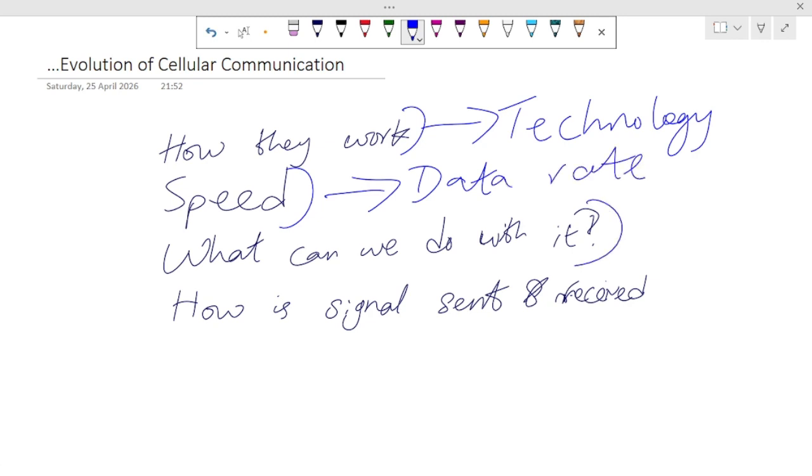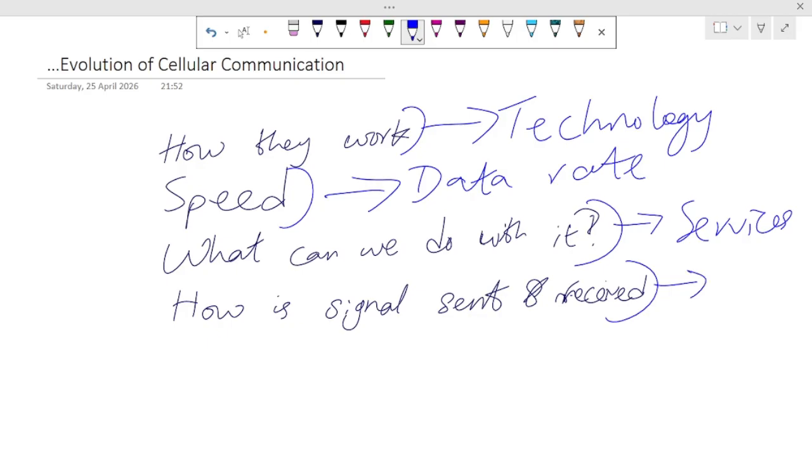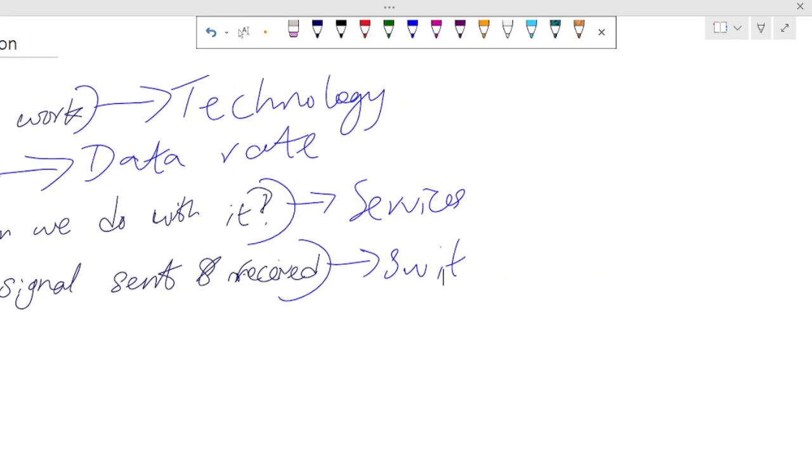Then for what can we do with it, that one is service, or services. Then for how the signal is sent and received, that one is switching.